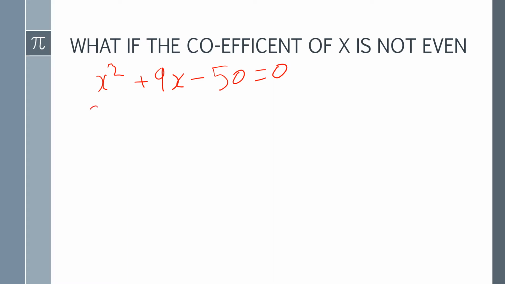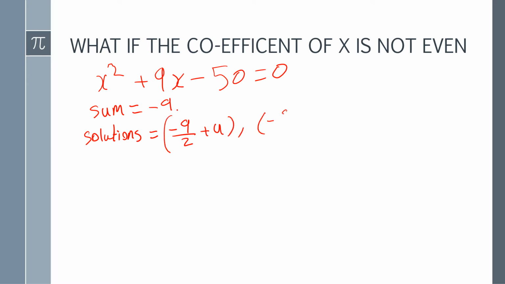So sum, that's the first step, which is negative of the coefficient of x, in this case minus 9. Solutions are going to be minus 9 divided by 2 plus u, and minus 9 divided by 2 minus u.